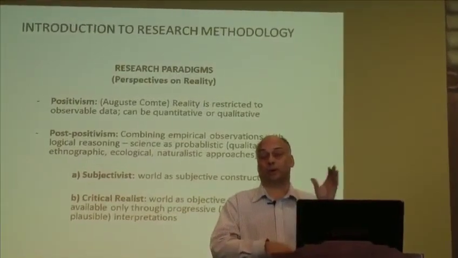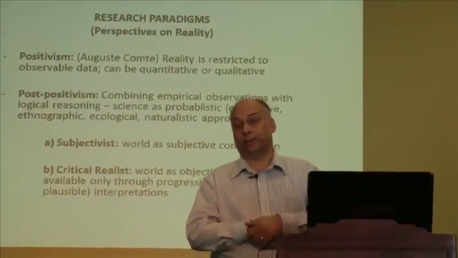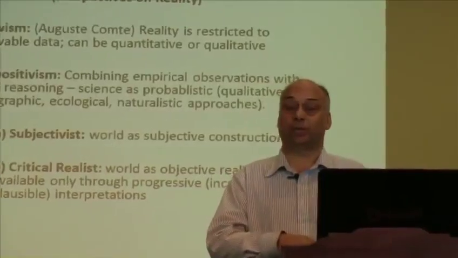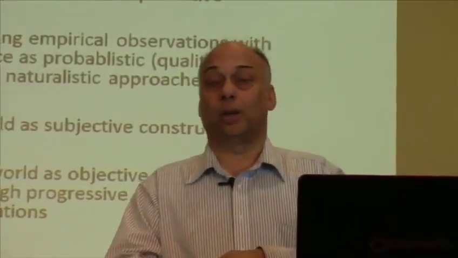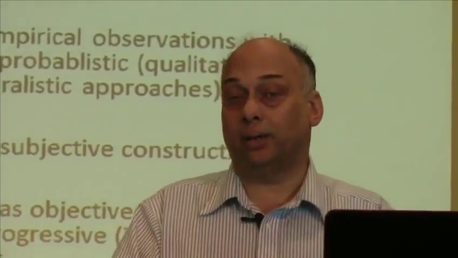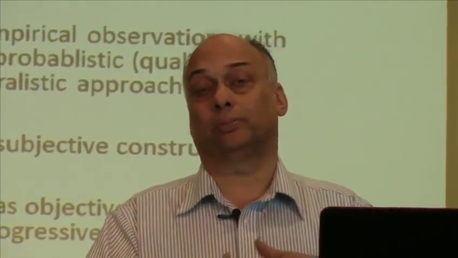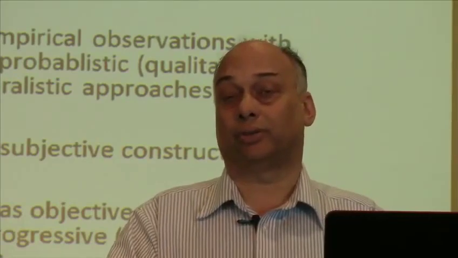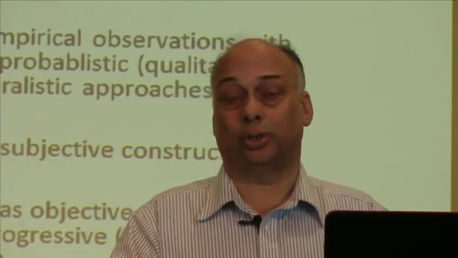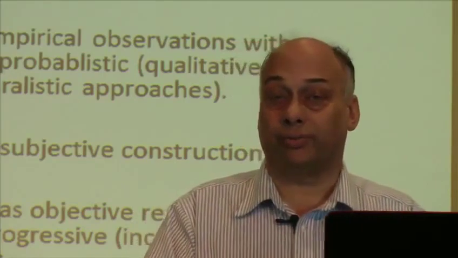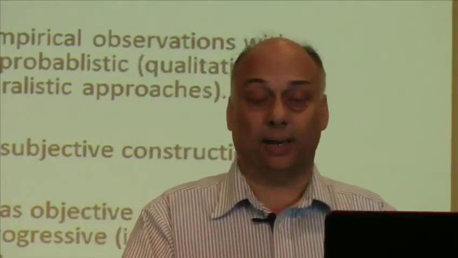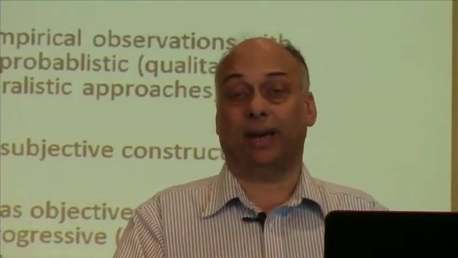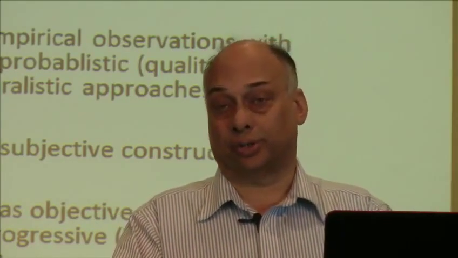Perspectives on reality, just as we talked about methods of knowing that form a certain branch of philosophy called epistemology, methods of being, how we are in terms of our relationship with the world, form the branch of philosophy known as ontology. Ontology is the philosophy of being. So what kind of perspective do we have on reality, and how does that affect our research? This is called research paradigms.